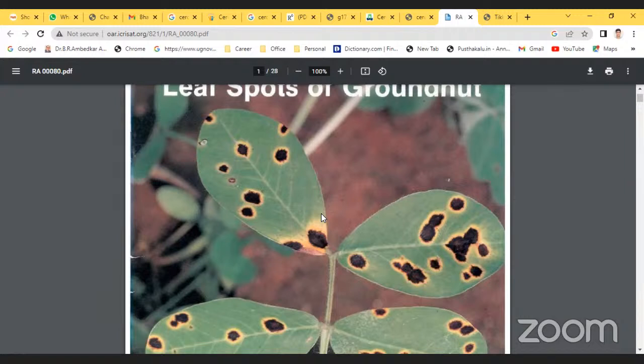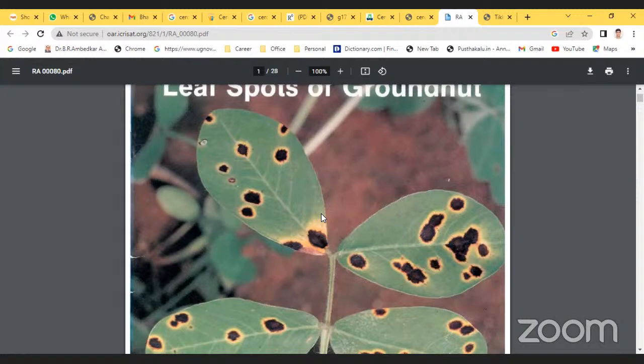So the main spots are circular in shape, dark brown in color. The yellow is not the spot. When the dark spots start on the surface of the leaf, there is automatically a loss of chlorophyll. With the loss of chlorophyll, it automatically turns yellow.